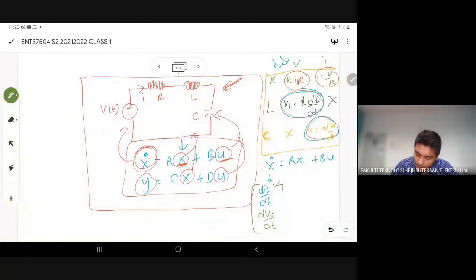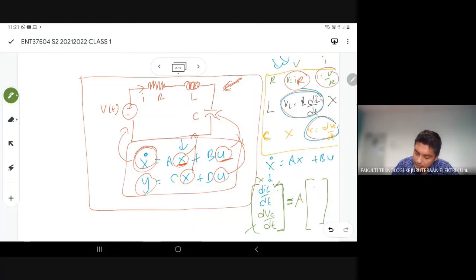You need to put a bracket, equal to A. And then the x will be what? Just refer to the first parameter and second parameter.